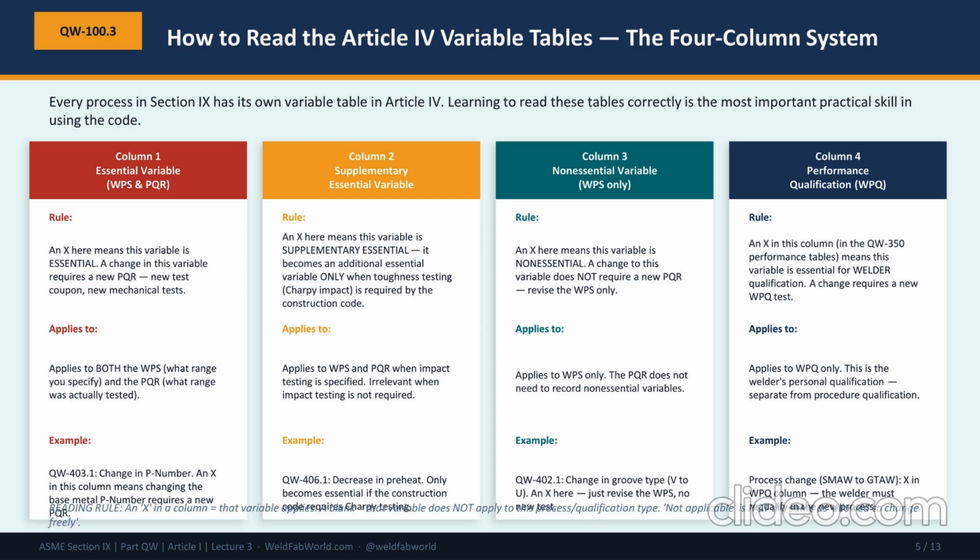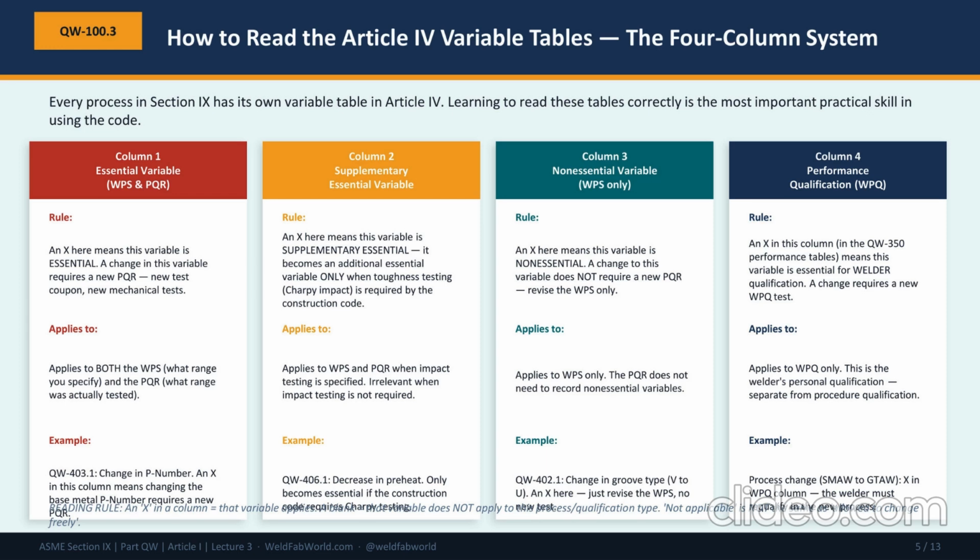They are tracked separately. Now the reading rule at the bottom, and this is where people make mistakes. An X means that variable applies. A blank means that variable does not apply to this particular process or qualification type. Here is the trap. People sometimes see a blank and think, since nothing is marked, I can change this freely.